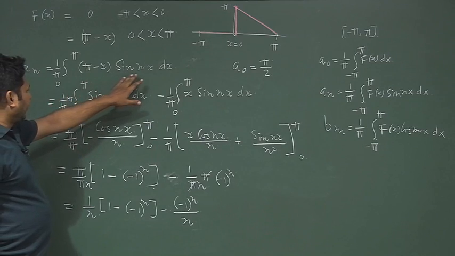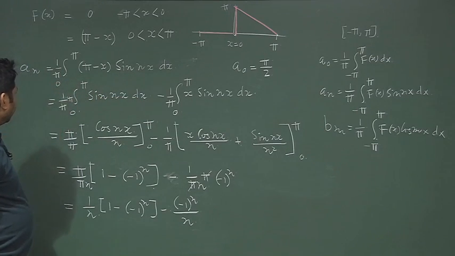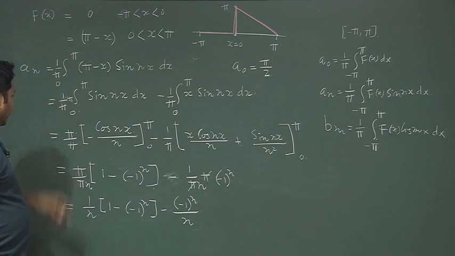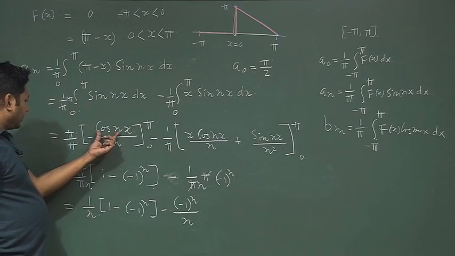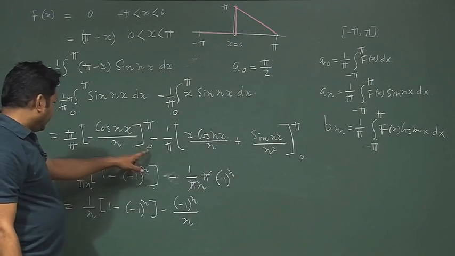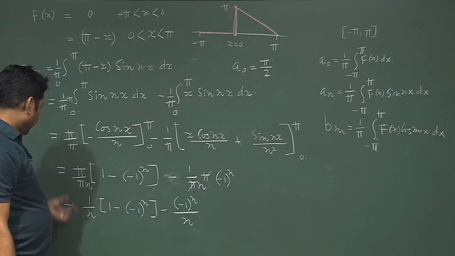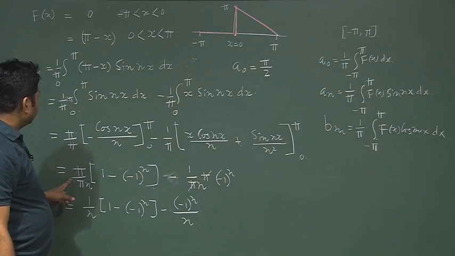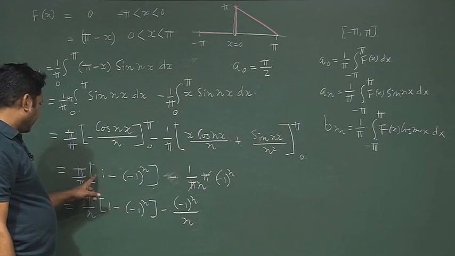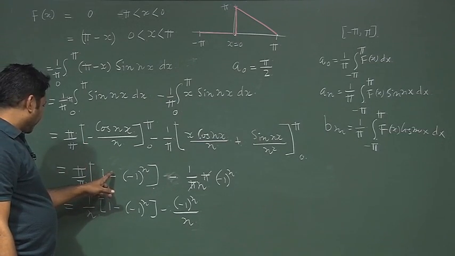Pi minus x sin x. So, 0 to pi I integrate. So, when I integrate 0 to pi, 1 by pi will be there. The first term is pi sine. So, pi sine when I integrate that, it will be cos, with a negative sign, fine. Then 0 to pi, when I apply 0 to pi, this term will be minus of this plus of minus.